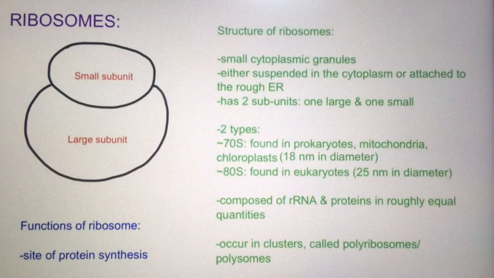On the other hand, the 80S type has a diameter of about 25 nanometer and it is found in eukaryotic cells. As ribosomes are very small, they are the last organelle to be sedimented in a centrifuge. Lastly, the main function of ribosome is to act as the site of protein synthesis.